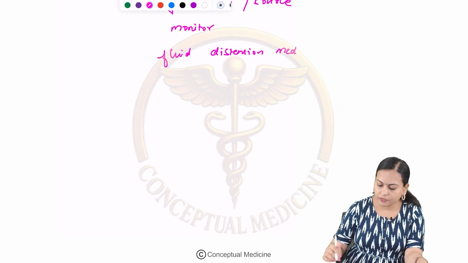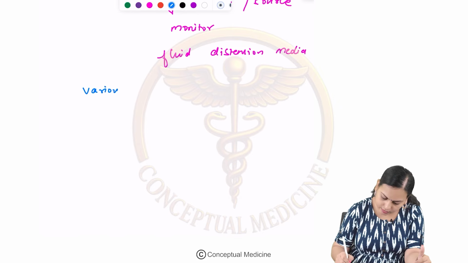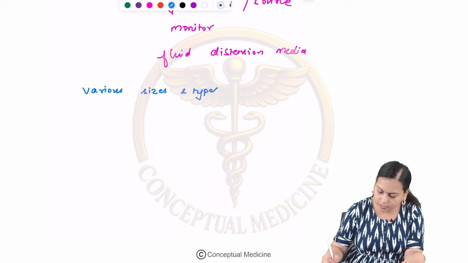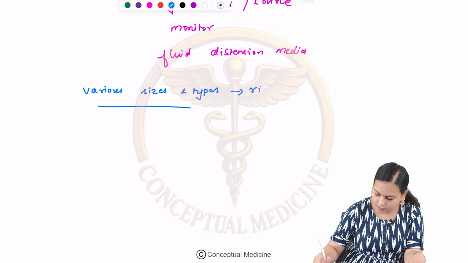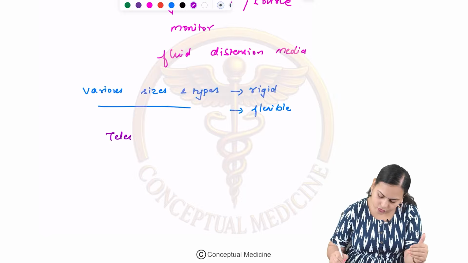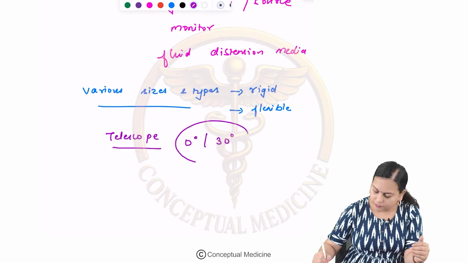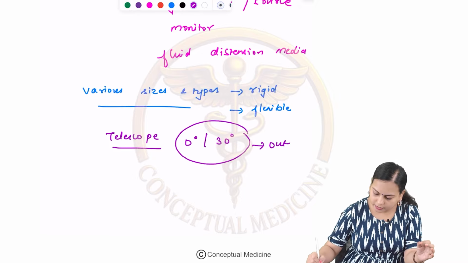Okay. So, if you see, hysteroscopes are of various sizes and types. They can be rigid type or even flexible type. It has a telescope as well, that is of 0 degree or 30 degree, with the outer sheath.